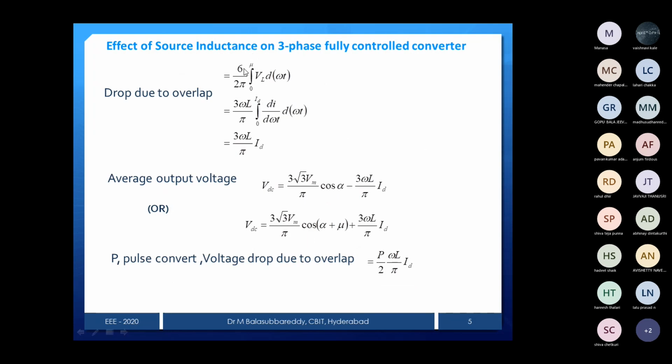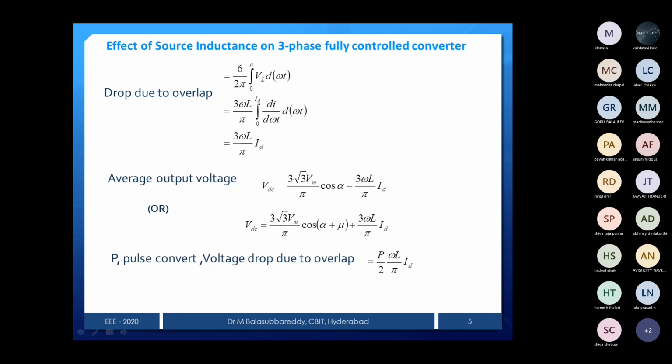So it is 6 by 2 pi, and the drop is due to the inductor, that is L dIa by dt, VL. So with respect to d omega t, you represent omega and integrate this portion, and you will get 3 omega Ls by pi into Id.